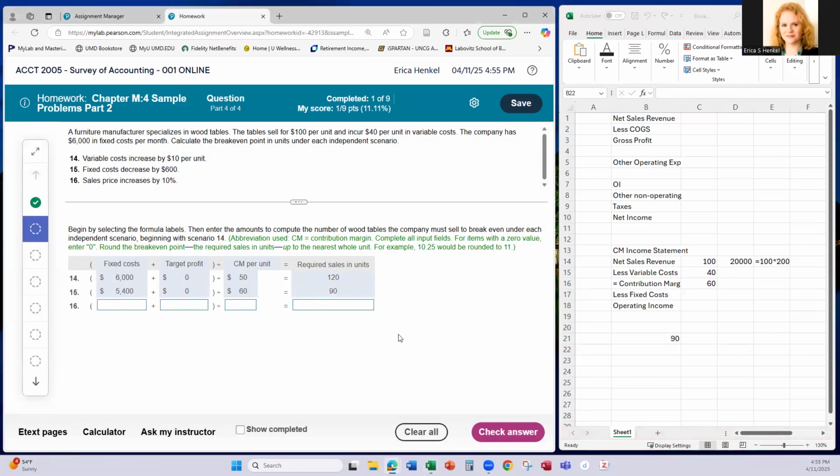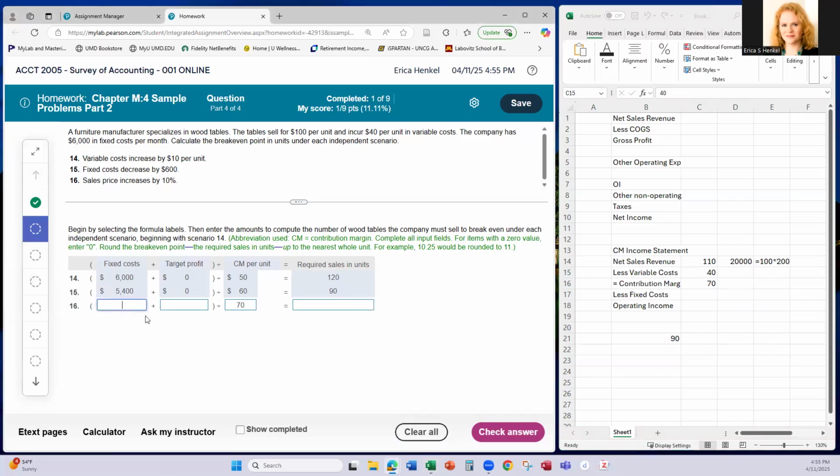All right, and then next example, what happens if our sales price increases by 10%? I'm just going to put the formula in here, C14 minus C15. So if our sales price goes up by 10%, I'm going to put equals 100 times 1.1, which means we'd have a $110 sale price. When we subtract our $40 cost, that gives us a contribution margin of $70.